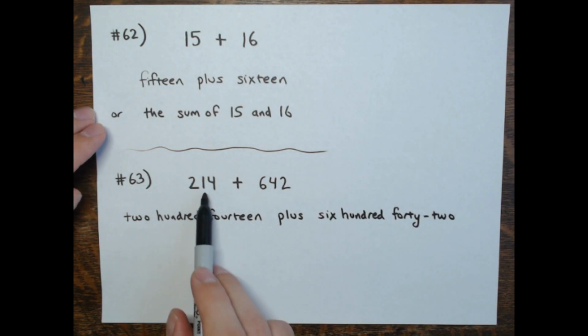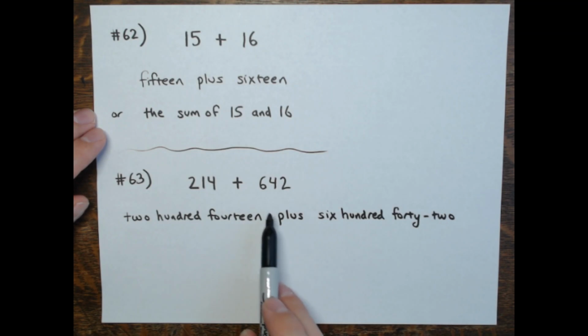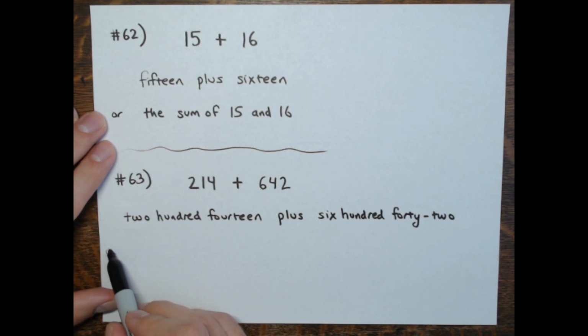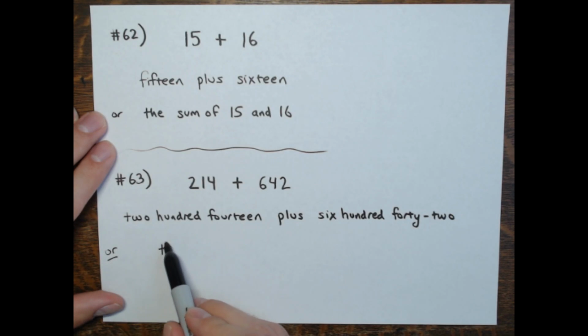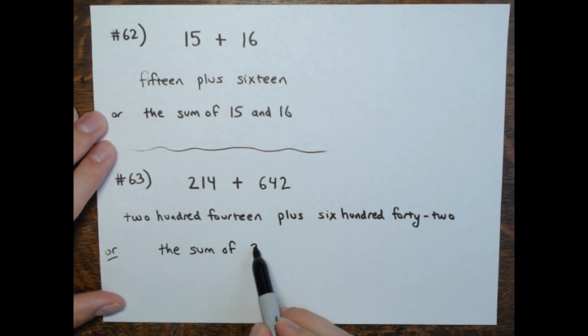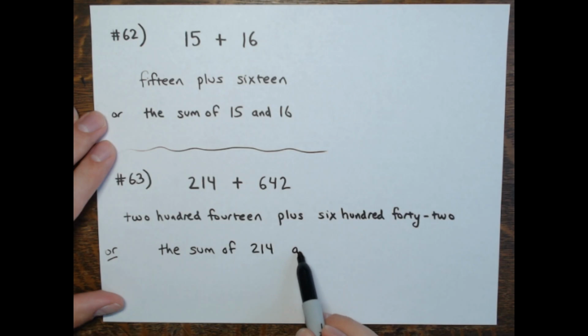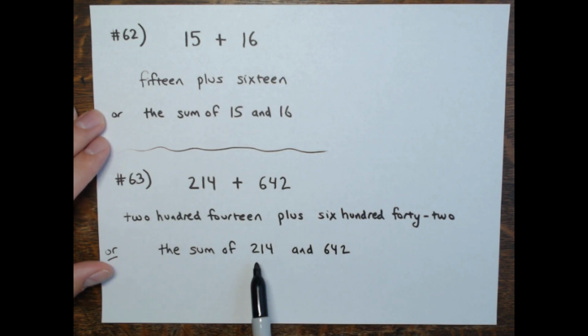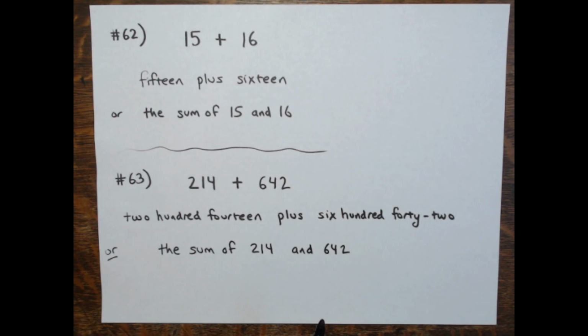So 214 plus for the plus sign, and then 642 for the other number, the other addend. Or the sum of 214 and 642. And we already wrote the numbers out in words, so I'm not going to do it again.